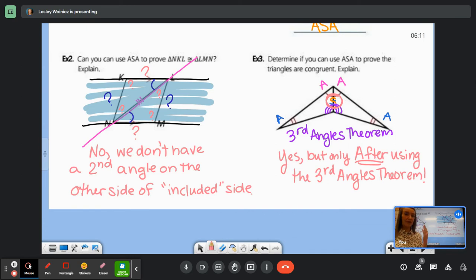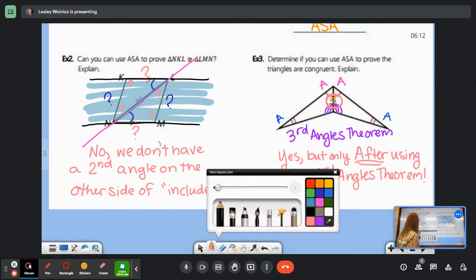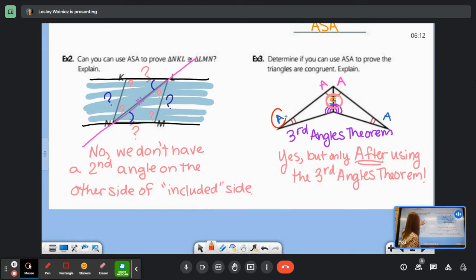So that little example brings us to our next congruent shortcut. It's not a postulate like side, side, side, side, angle, or angle, side, angle. It is a theorem, and the proof lies in what we just did with the third angles theorem. It is called angle, angle, side. And remember that that is what we had at the beginning. We had an angle, and a side.